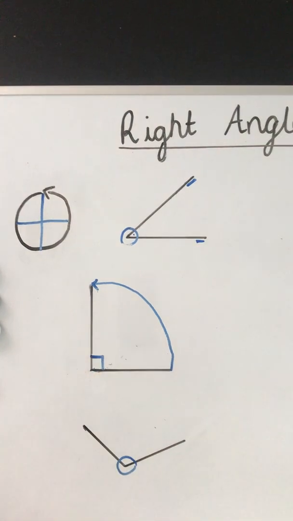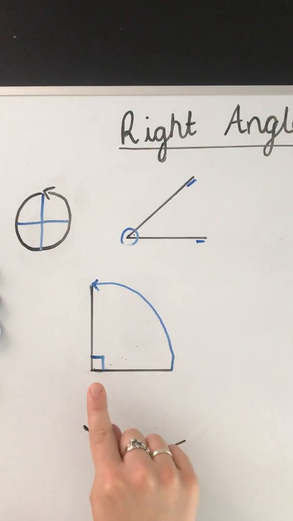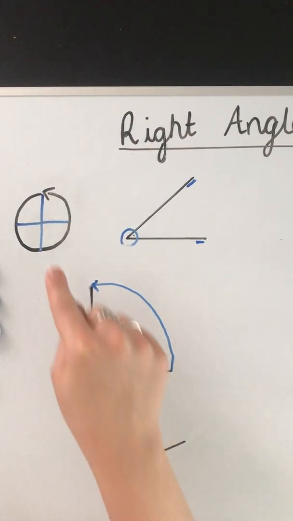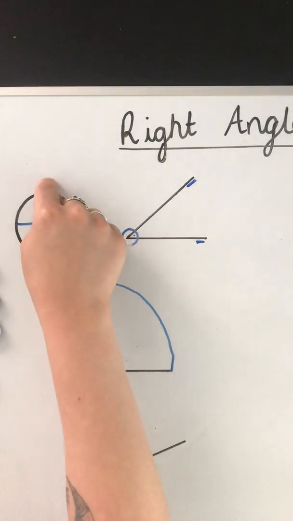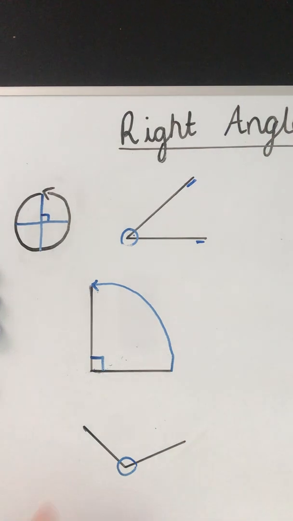Now, your task this week is to be able to spot right angles, and you also need to be able to spot angles that are less than and greater than a right angle, okay? Remember, a right angle is the same as 1/4 of a turn, and we show it using a little tiny square in the middle.